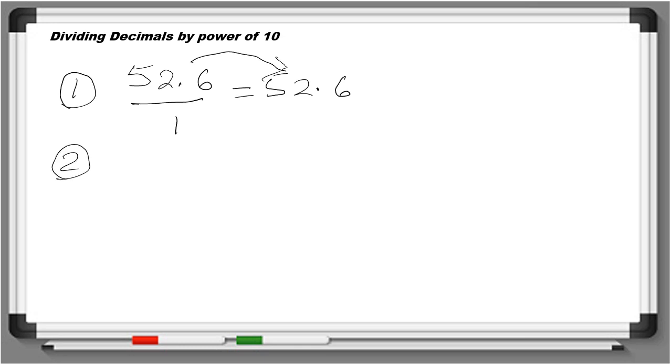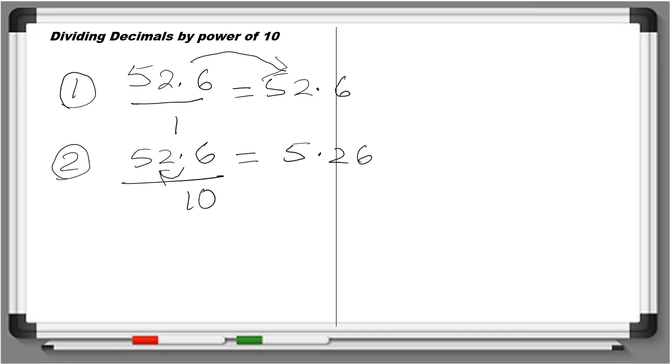Suppose now we divide 52.6 by 10. When I divide by 10, the decimal moves one place from right to left and it becomes 5.26. When I divide 52.6 by 10 means I am dividing 52.6 into 10 parts.